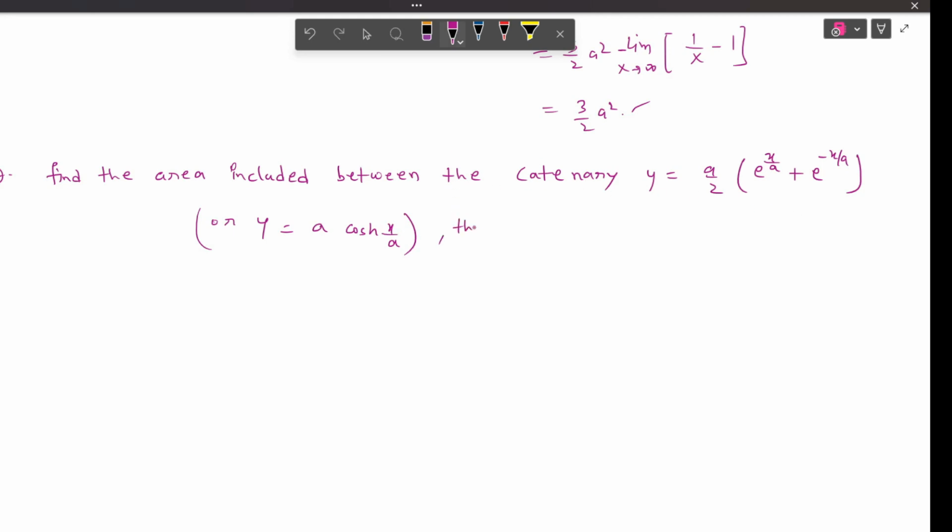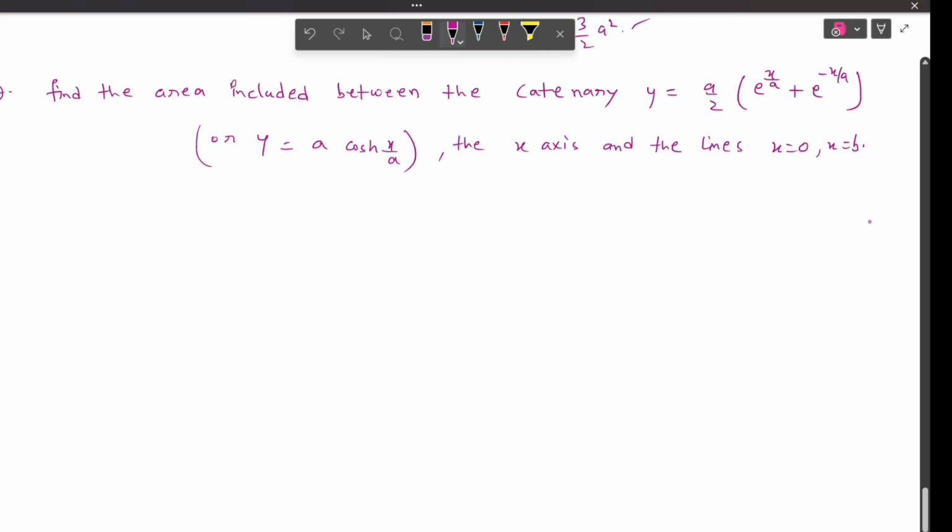The x-axis and the lines x equals to 0, x equals to b. Okay. So let us draw the catenary. It's a hanging chain.